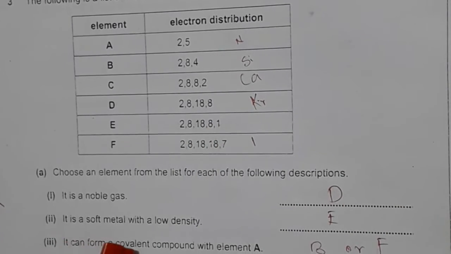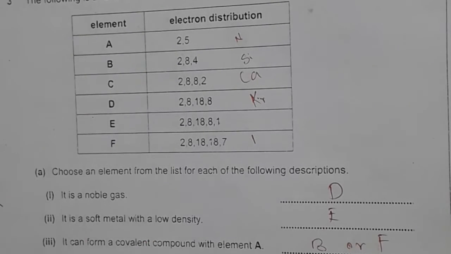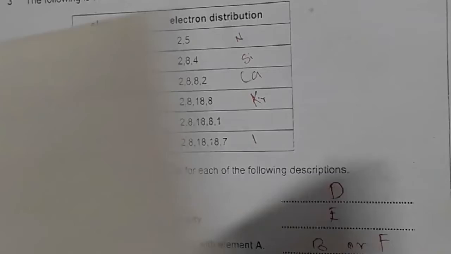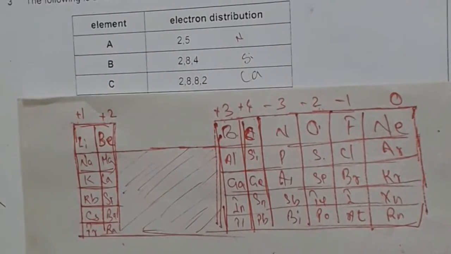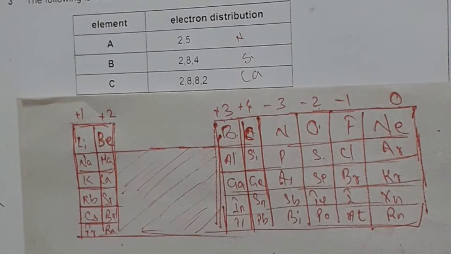Next one, it is a soft metal with a low density. In the periodic table, which are soft metals? Group 1 and group 2 elements are soft metals with low density.